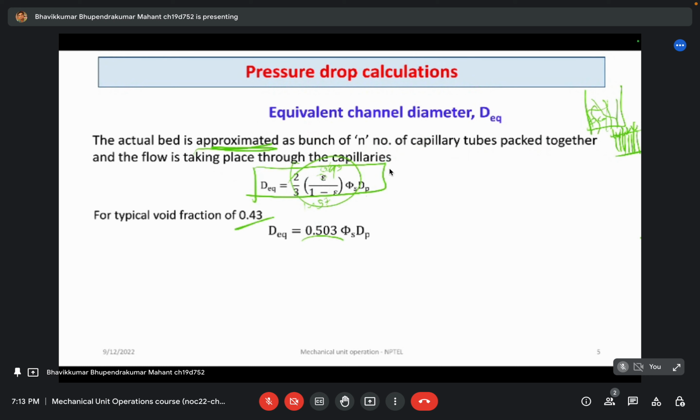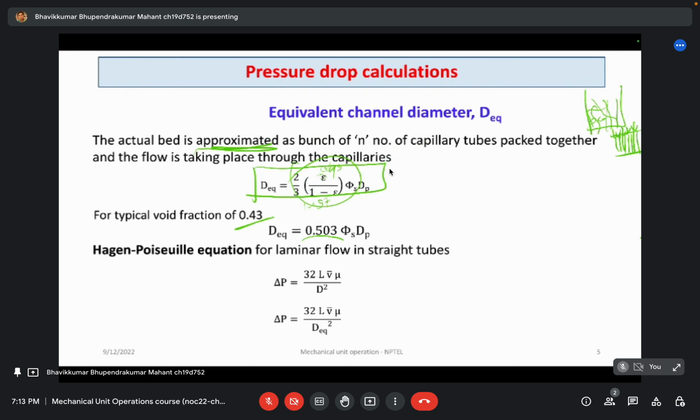Another thing: how will we use this information in order to find the pressure drop? We know that for laminar flow, the Hagen-Poiseuille equation is there. The Hagen-Poiseuille equation provides the value of delta P, that is nothing but the pressure drop in laminar flow.